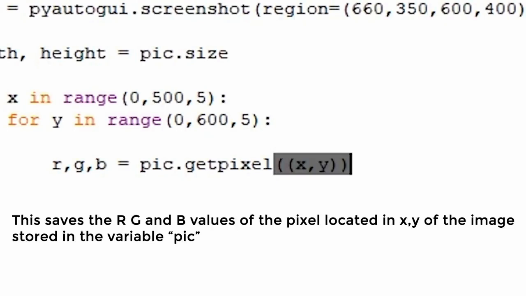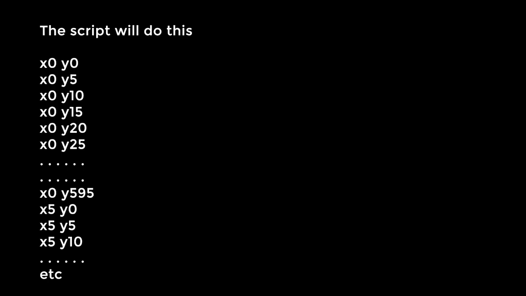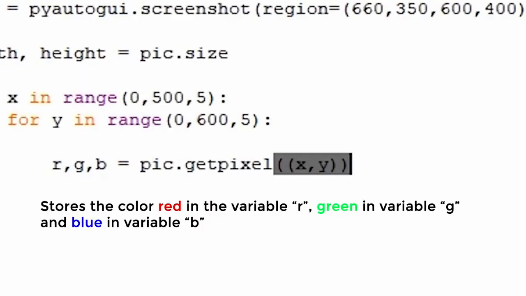So for example, the script will first check the pixel in x0, y0, then x0, y5, then x0, y10, then x0, y15, etc, until it hits the maximum value of y595, since we have increments of 5 and y has to be smaller than 600, and store the red value in R, green value in G, and the blue value in B.